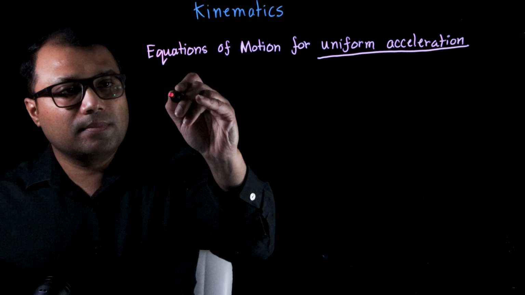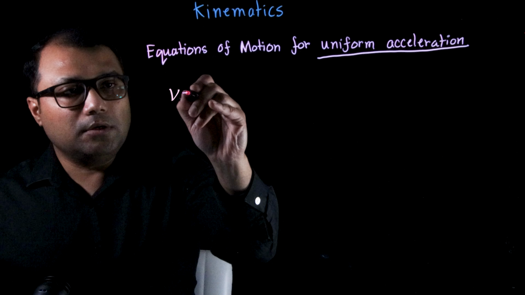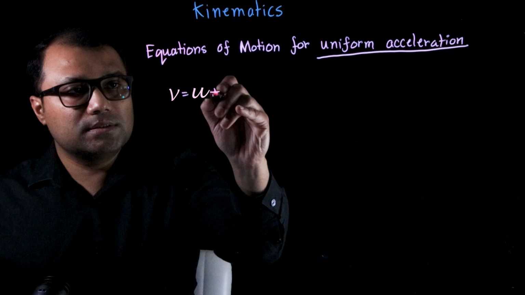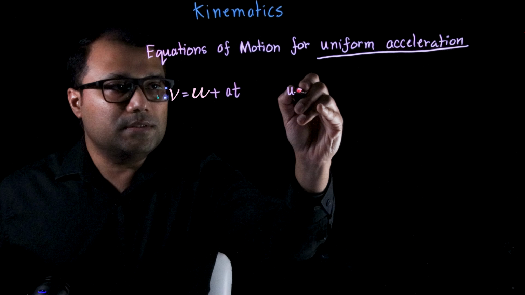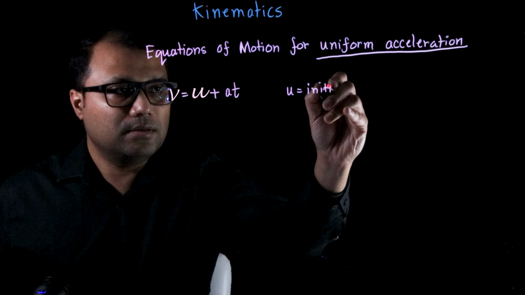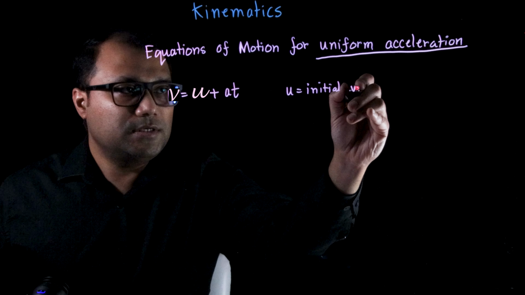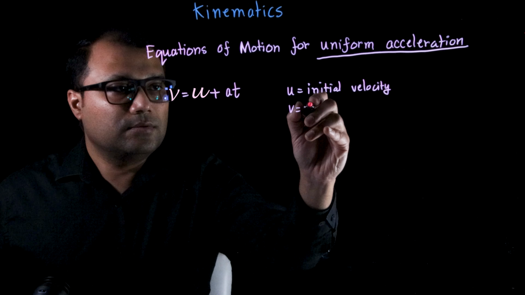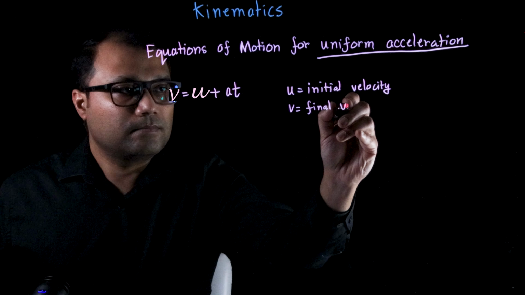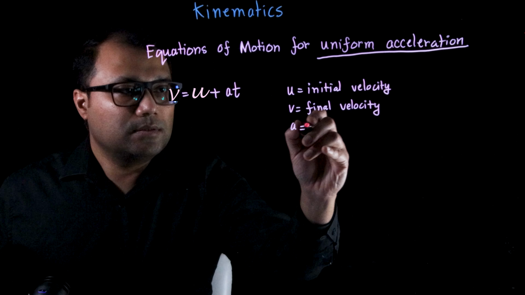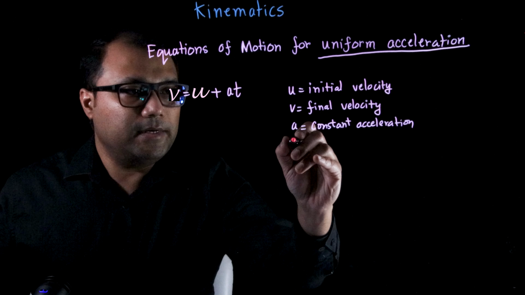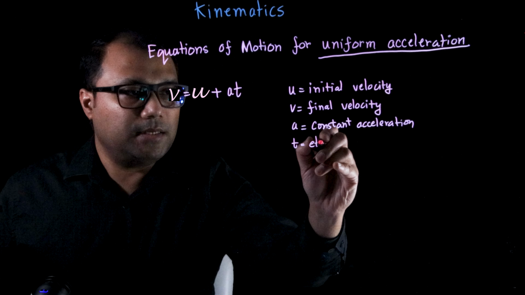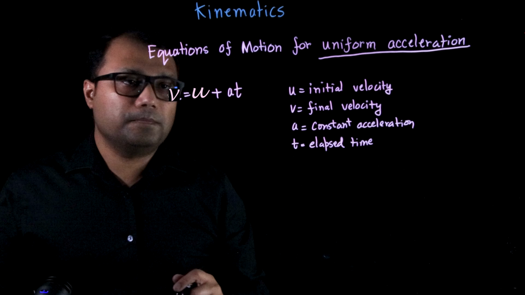The first one, v equals u plus at, where u is initial velocity, v is final velocity, a is constant acceleration, and t is elapsed time. Okay.